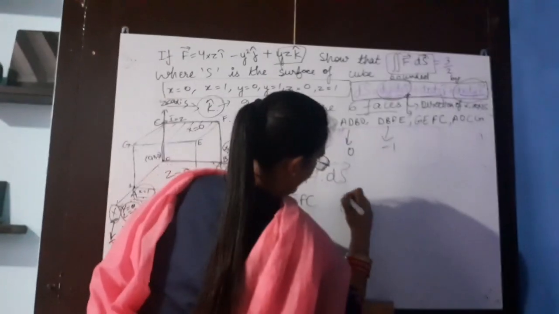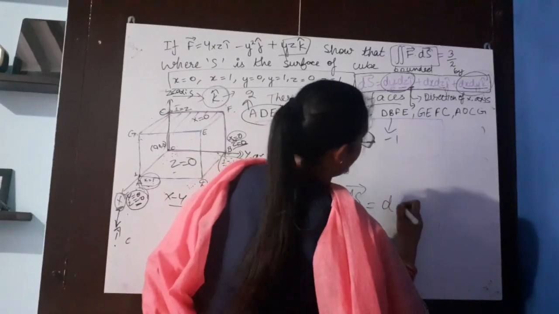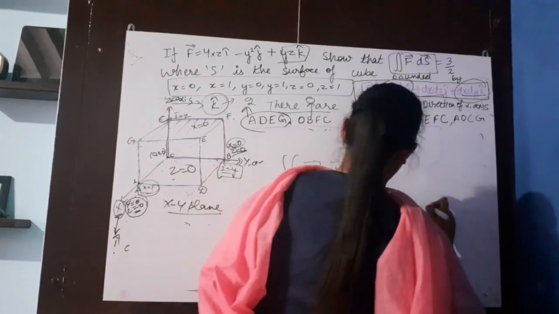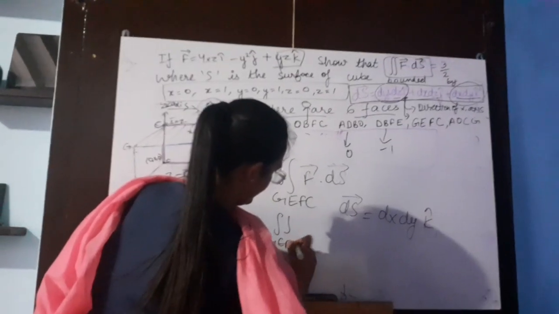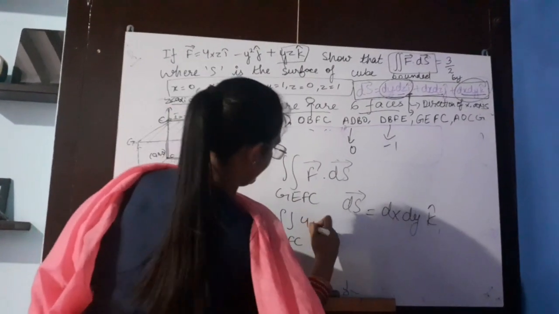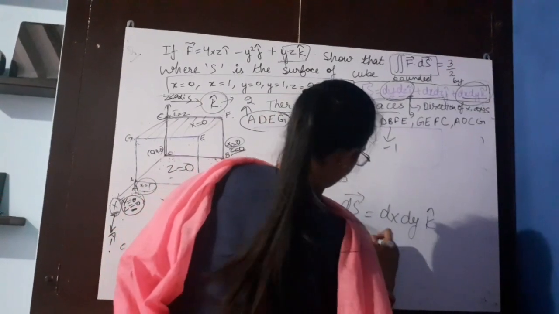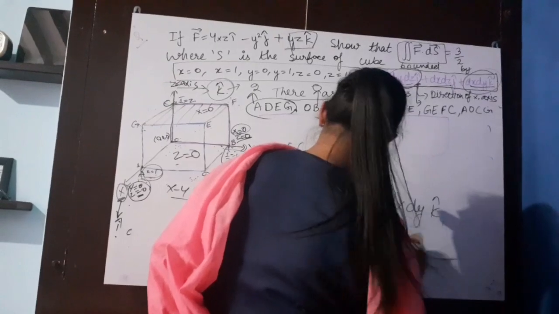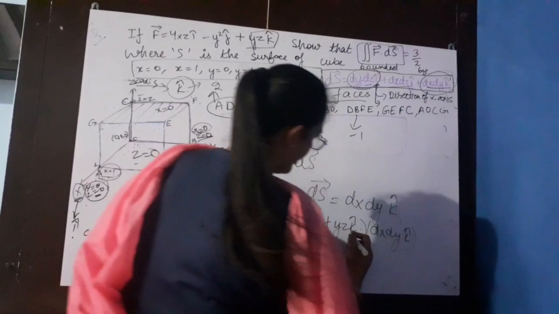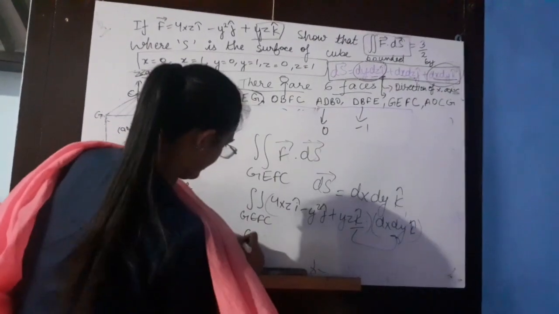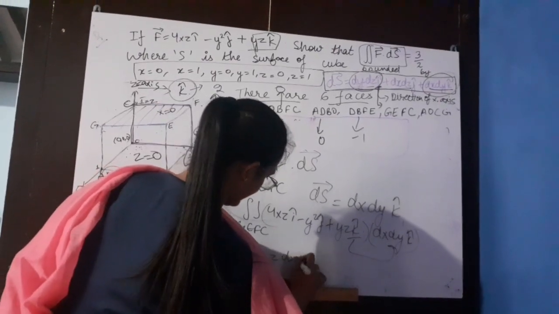So if z is perpendicular, the direction of z is given by k cap. So ds vector is equal to dx dy k cap. When we take the dot product with the f vector, only k dot k is equal to 1, so we get the integral over GEFC of yz dx dy.